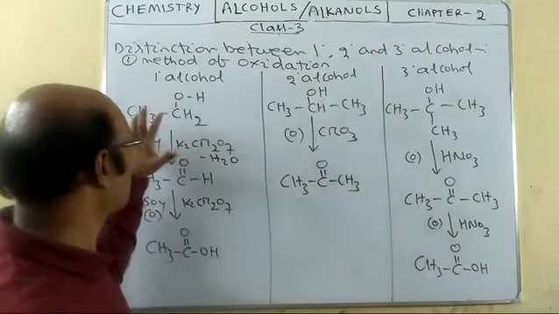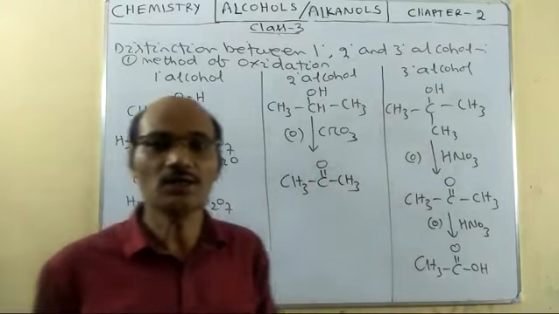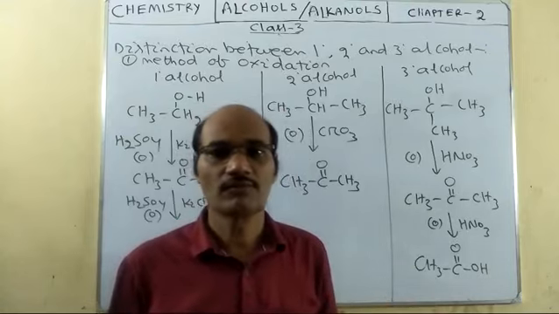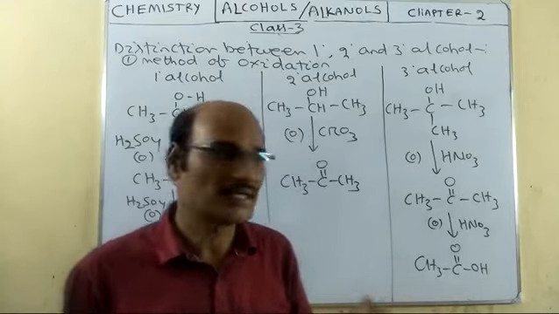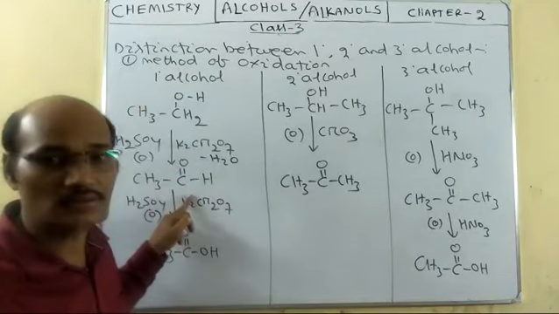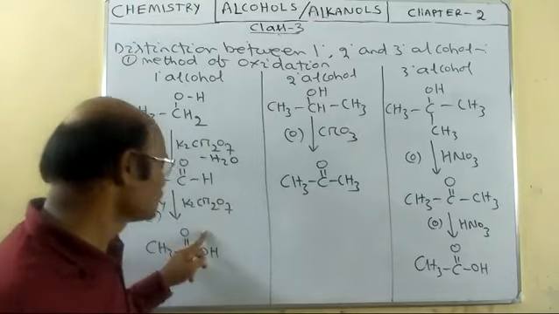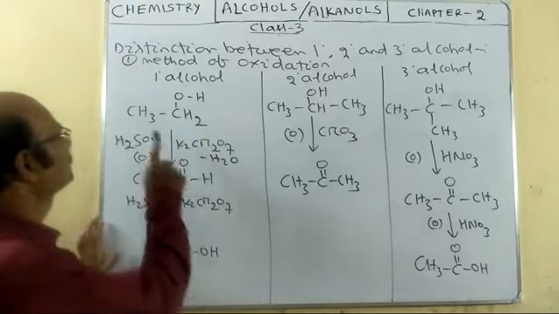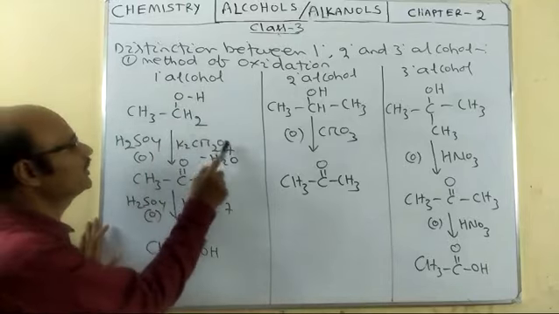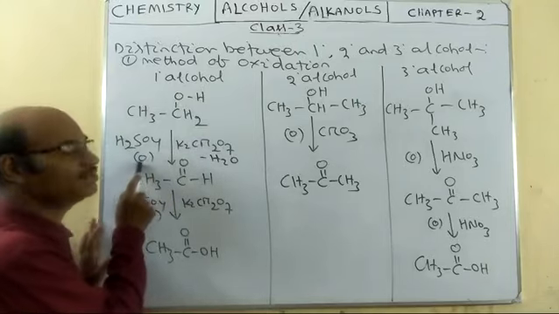Can you see, primary alcohols easily undergo oxidation with acidified potassium dichromate to give aldehyde, then the aldehyde formed on further oxidation gives carboxylic acid. You will see CH3CH2OH, primary alcohol, K2Cr2O7, H2SO4. From this we will get nascent oxygen.